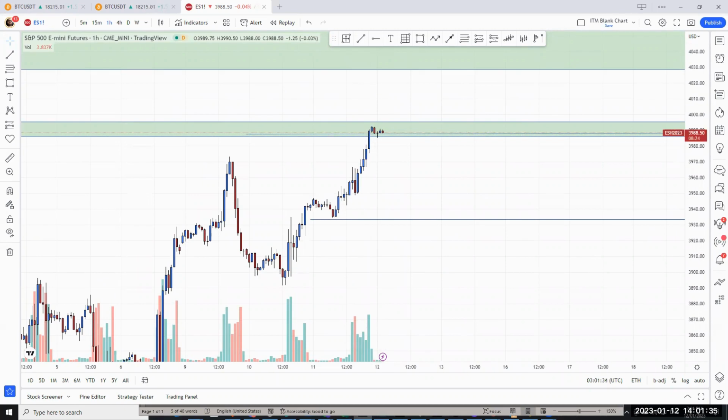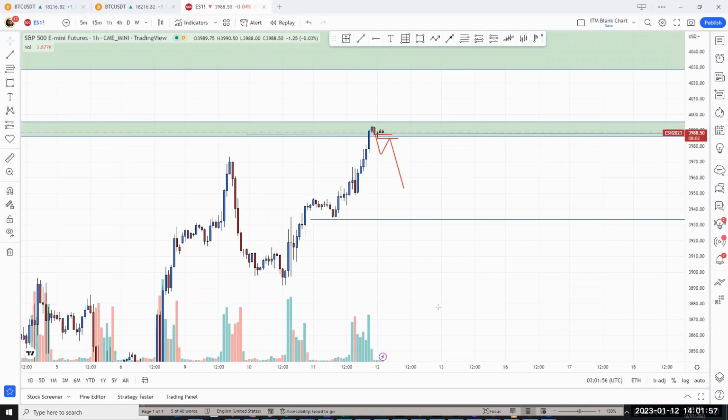If I'm looking to short this market, then my intention is that the market should bounce back a little bit around here and give me some kind of entry point on a retracement. When the market retraces into this zone, I'm short on this.